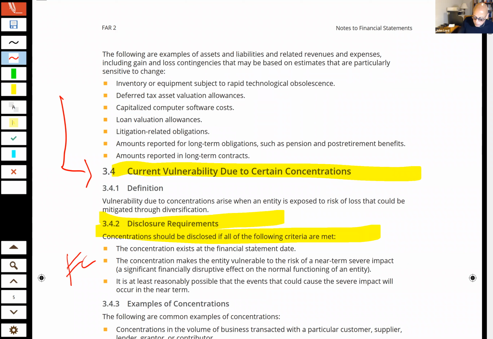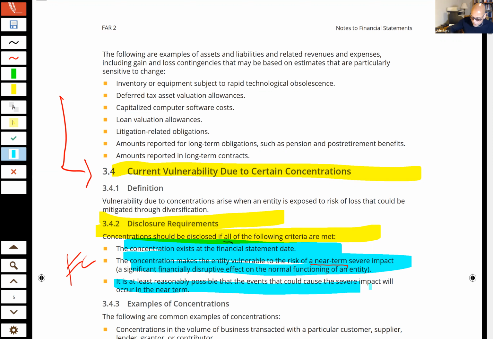When I see all, the next word out of my mouth is flashcards. There is a concentration at the financial statement date. The concentration makes the entity vulnerable, and that's in the near term. We don't have to look out 50 years in advance. And it is at least reasonably possible that the event could cause a severe impact.